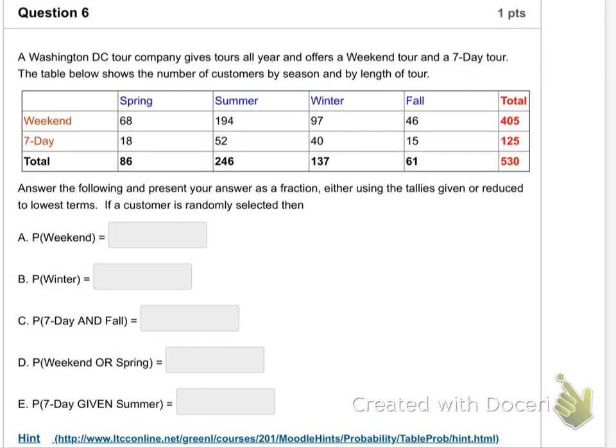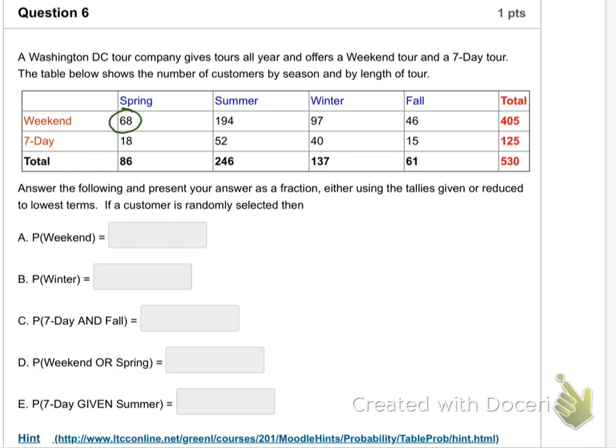All right, so question 6. A Washington, D.C. tour company gives tours all year and offers a weekend tour, and so on. So there's a big table with a bunch of data. Let's make sure that we understand what this data is saying. Tell me about those 68 people. What do we know about that?